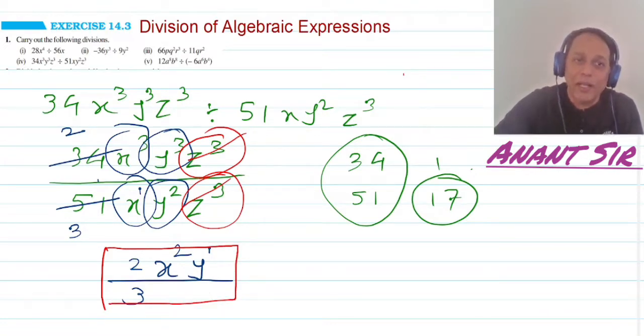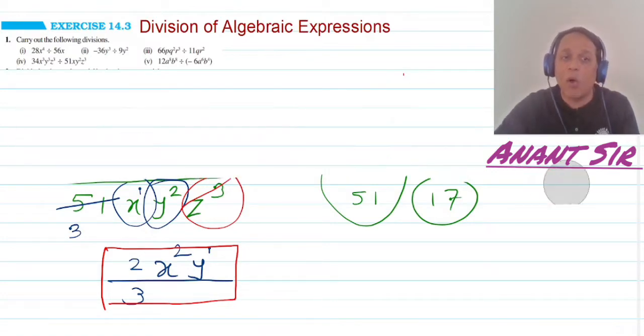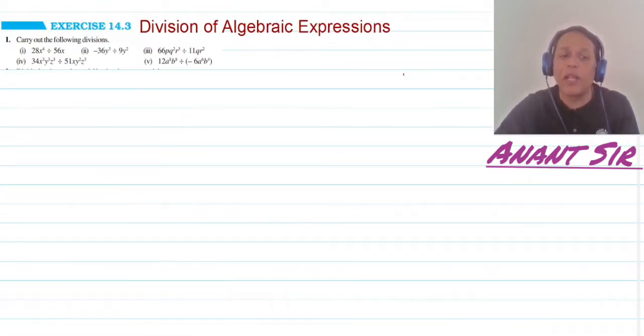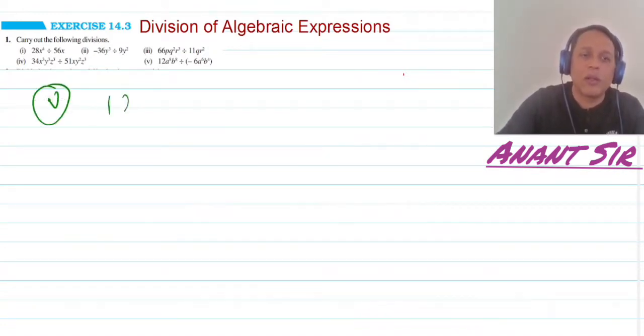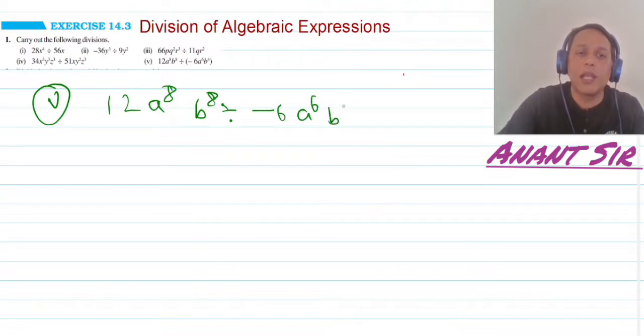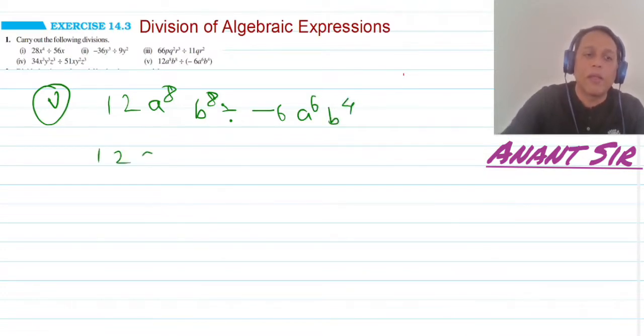So that brings us to the last question of this question 1 of 14.3. We are going to solve question 2 and 3 also. So last question. 12a⁸b⁸ divided by minus 6a⁶b⁴.